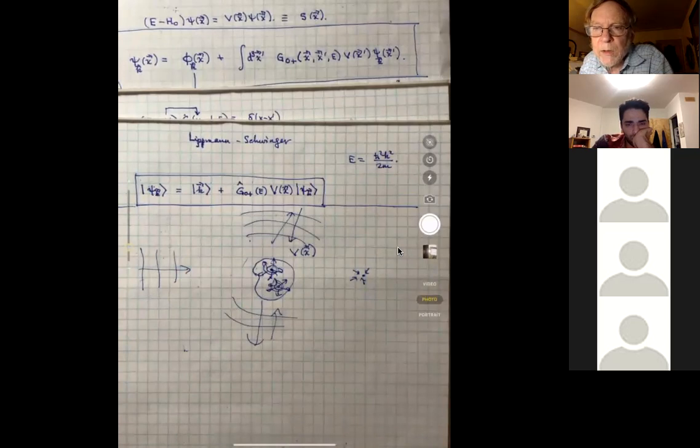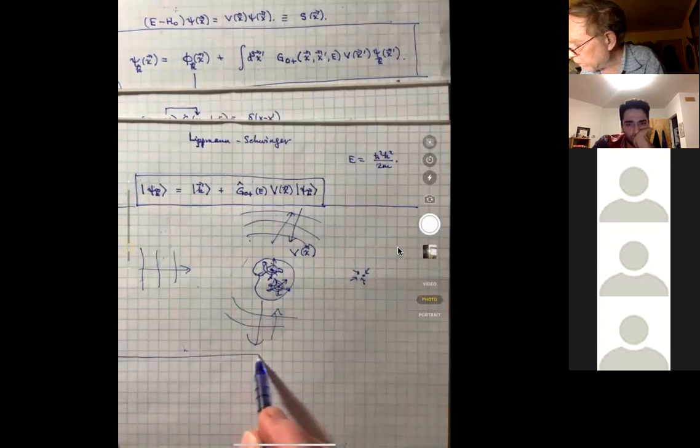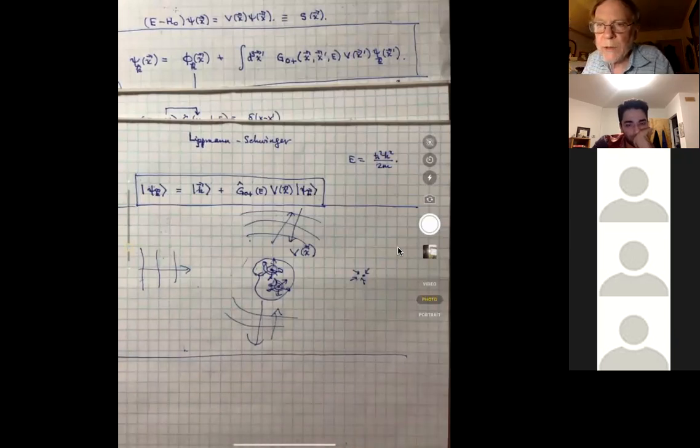And the outgoing solutions are the ones we want for talking about ordinary scattering processes. We'll see this later on, how the incoming solutions play a role. All right. So I hope that gives you something of a picture of the scattering process here.